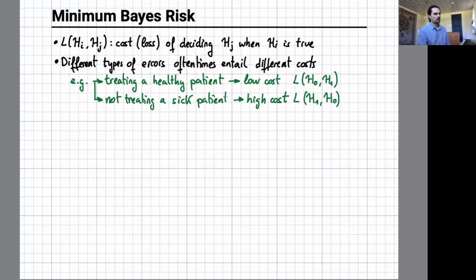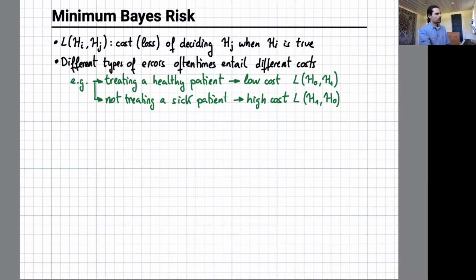Because in that case we wouldn't be starting a treatment, and her or his life would be compromised, right? So let us introduce this notation. This function L will be used to denote the cost of deciding Hj when Hi is true.